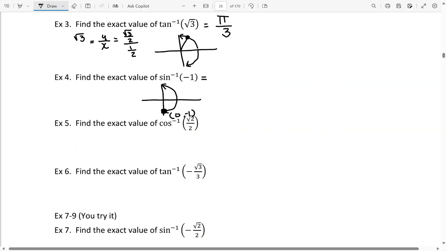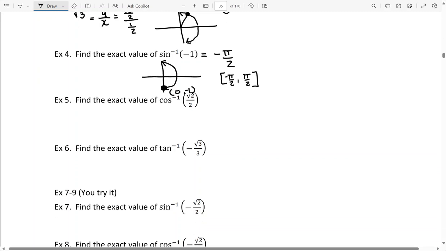But that's not 3 pi over 2, because you're coming around in the wrong direction. You've got to come around clockwise. So this would be negative pi over 2. Right? 3 pi over 2 is out of bounds. Remember, this answer has to be something between negative pi over 2 and pi over 2.